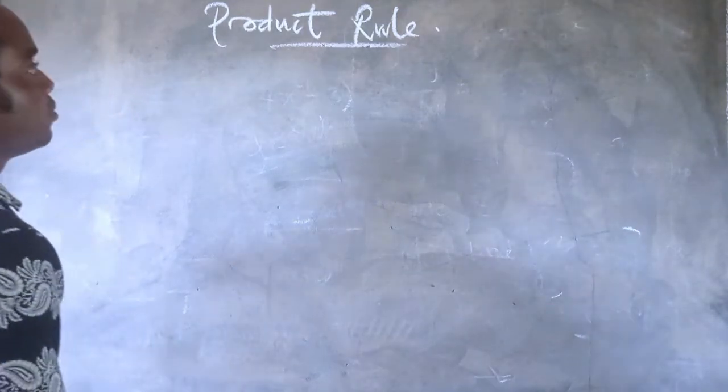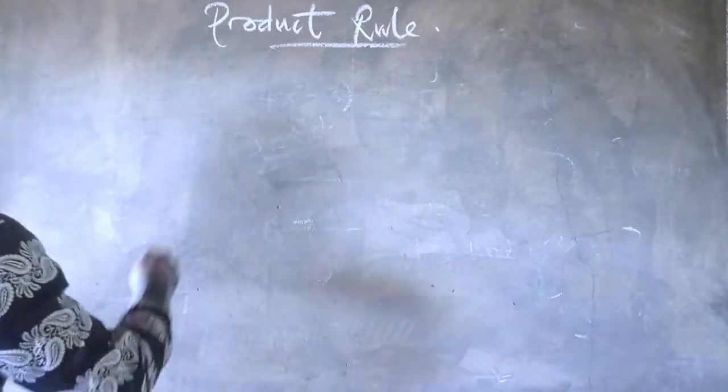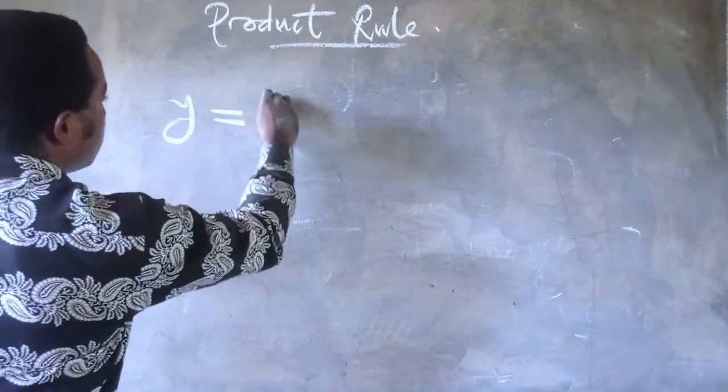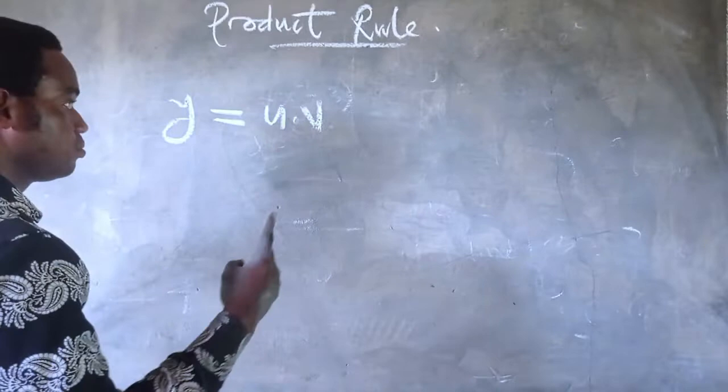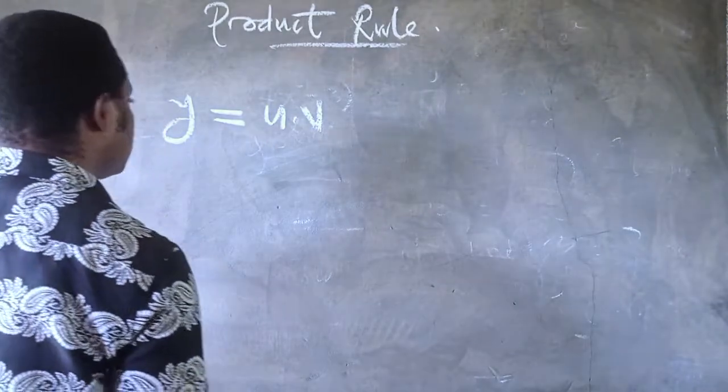Now let's move on to product rule. So this is the case where you have y as the product of two functions of x, u and v.